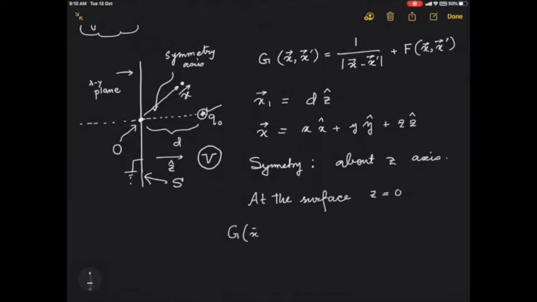Z equals to 0 by definition at the surface. So G, and so G of x, so this I take as a vector at the surface.